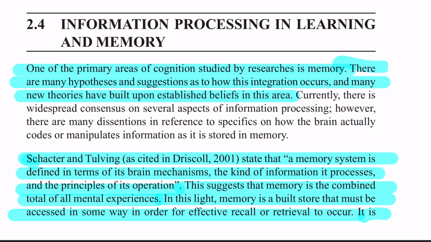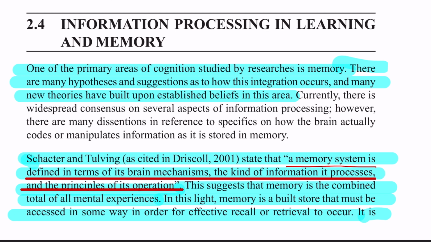So Sutherland and Turing stated that memory is a system defined in terms of its brain mechanism, the kind of information it processes, and the principle of its operation. See how they process information, what the different principles related to that are.